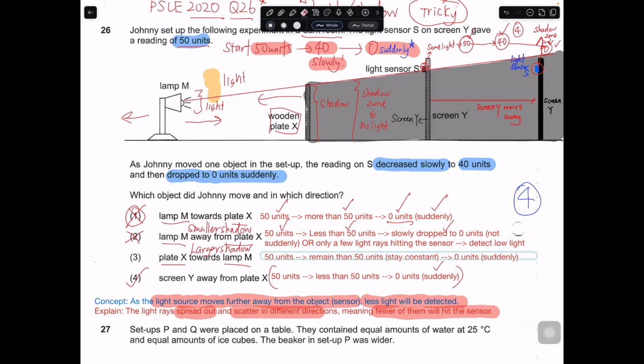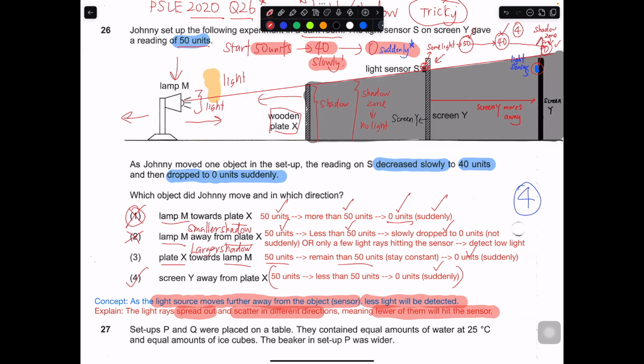Why can it not be? Because if you move plate X, that means your M and your light sensor will not move at all. That means the distance between M and S will not change. If it does not change, it will remain 50 throughout, until a point where plate X is in front of lamp M, then it will become 0 suddenly.